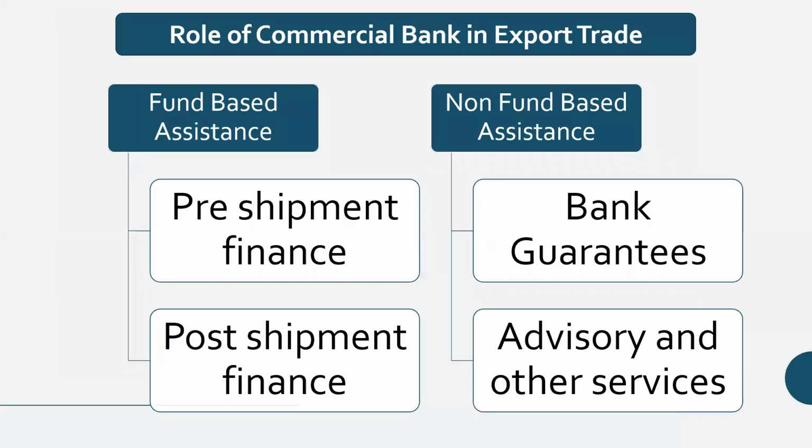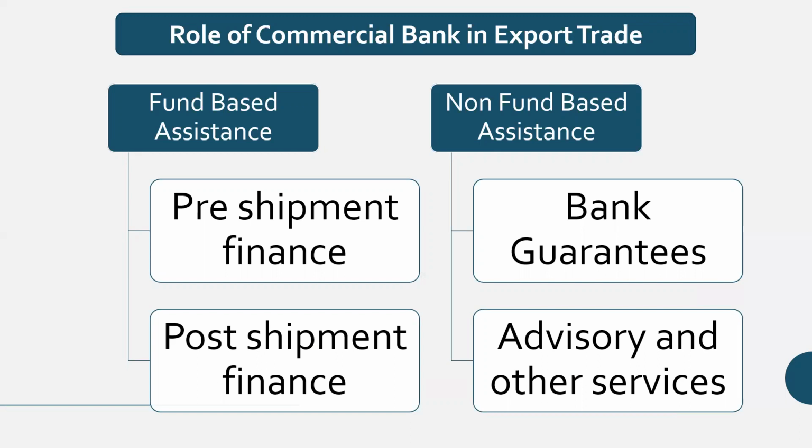So let's understand what commercial banks basically do. We have divided their work into two categories. That is fund-based, matlab jahan pe money is actually involved. And the second one is non-fund-based, where money is not involved. But yes, there are a lot of areas where we need guarantees or advice from the banks, because they know very well the financial positions and status of various countries.